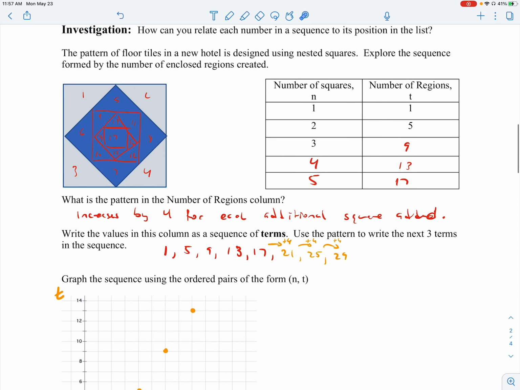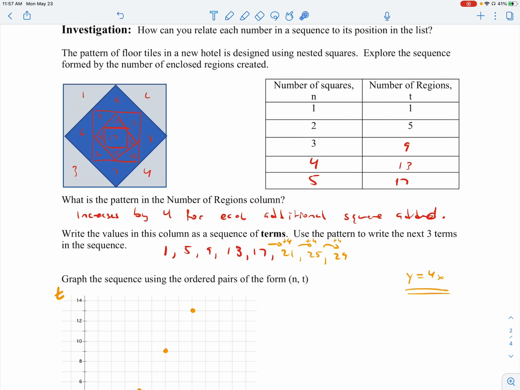Okay, so to come up with this equation, I want to satisfy these points. I can tell that they go up by exactly 4 each term. So that means this is a linear equation with a slope of 4. It's going to look something like y equals 4x.